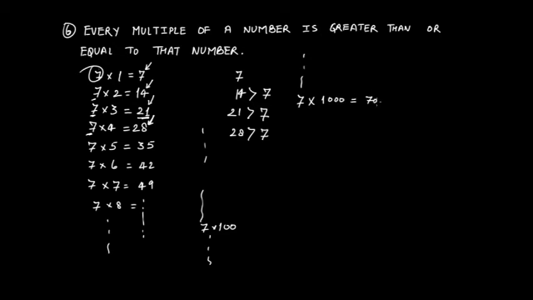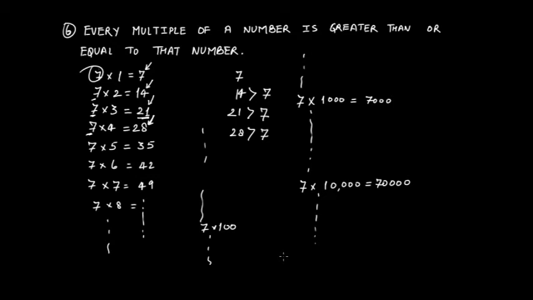This would be 7000. Then you would go on and somewhere you would get 7 times 10,000. You would get 70,000. And then you would go on, and it's not going to stop anywhere, because you don't have any largest possible number. A number could be, you cannot even think of that number.